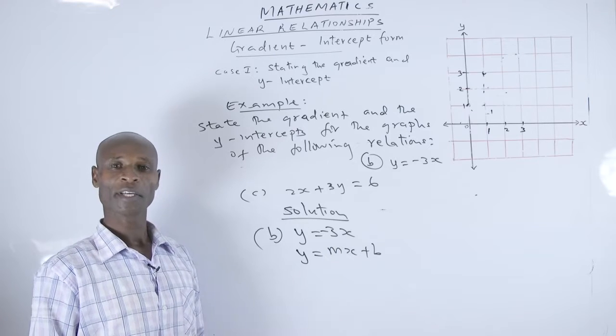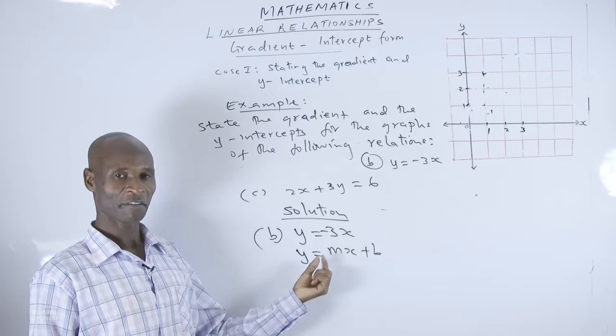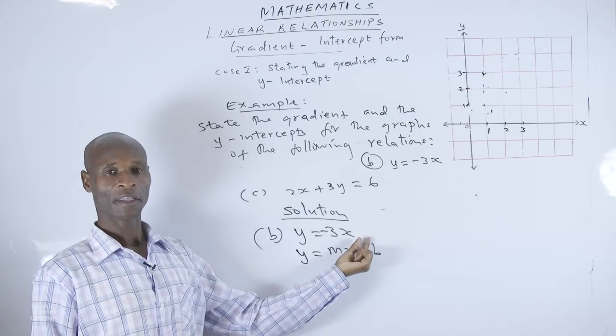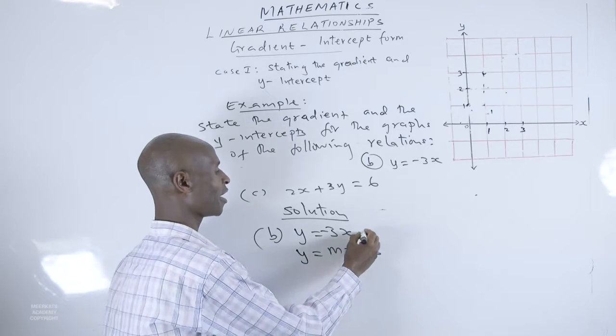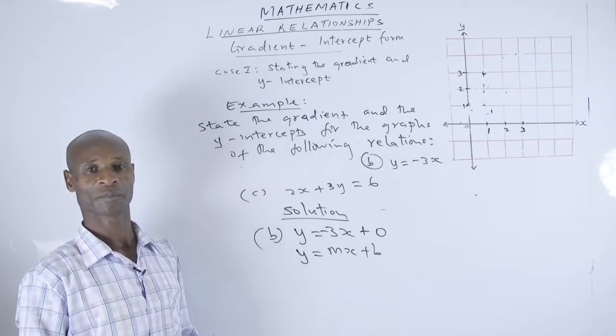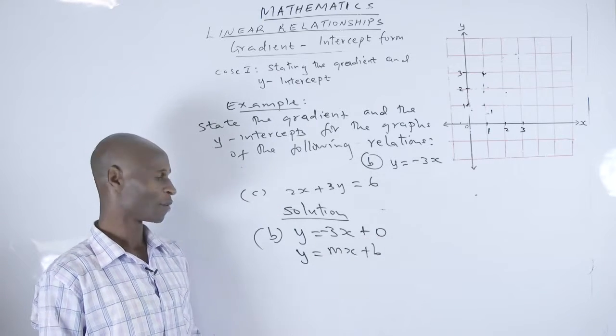So when you look at the relation which you have been given, the constant term is missing, and therefore we can say it is equivalent to plus 0.